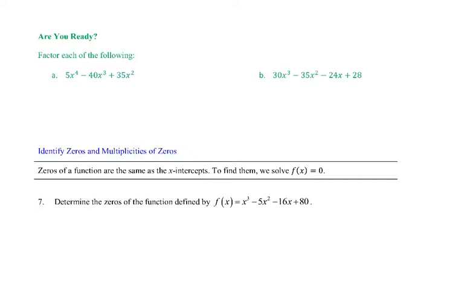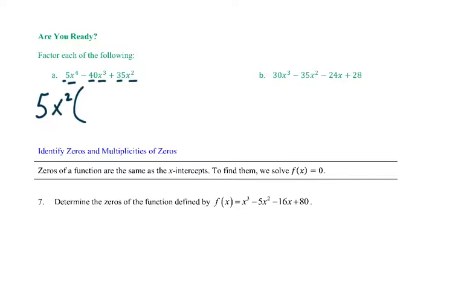So looking at example A, I have 5x to the fourth minus 40x to the third plus 35x to the second. So the biggest x term that they all share that I could pull out is an x squared. And then each of their coefficients is a multiple of 5, so I could pull out a 5x squared.